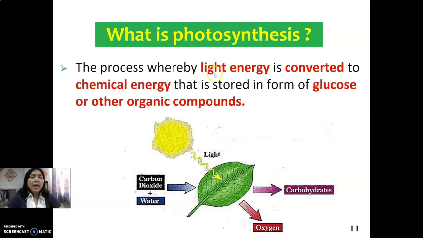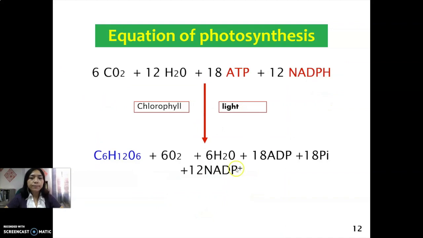It is light energy converted to chemical energy that is stored in the form of glucose or other organic compounds. So the light energy from the sun is converted into chemical energy, here referring to glucose.